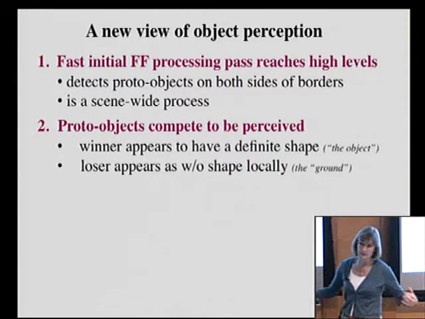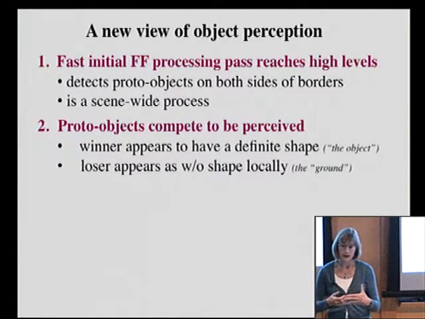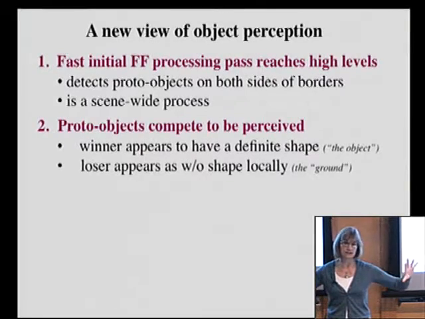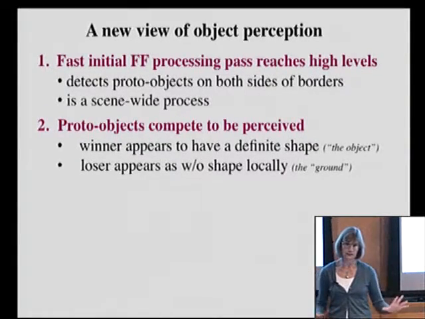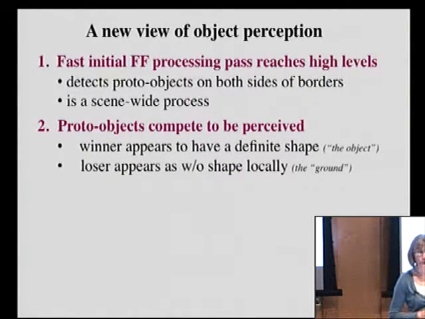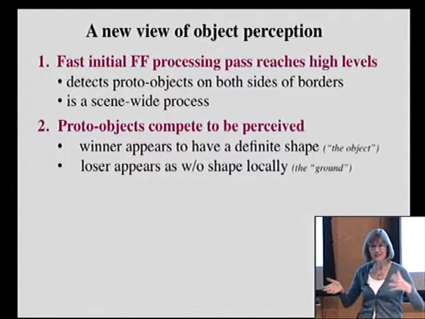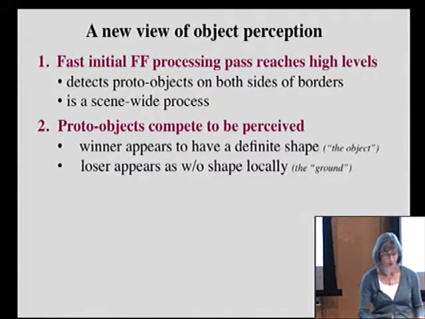And we argue that this first passive processing is unconscious, very, very fast, and operates scene-wide, not just on single borders. So what is present across the scene is going to influence what you see at a single border. And some of the questions you were asking were getting at that. What about the rest of the scene? How is that contributing to what you see?